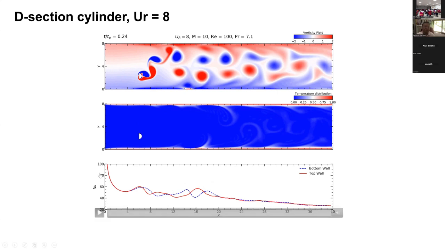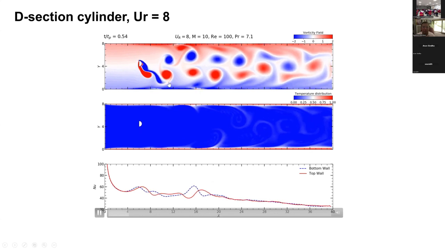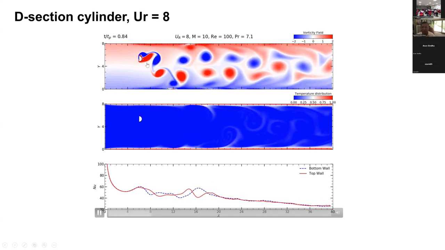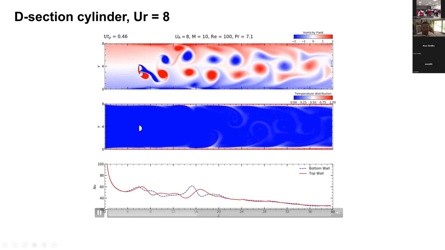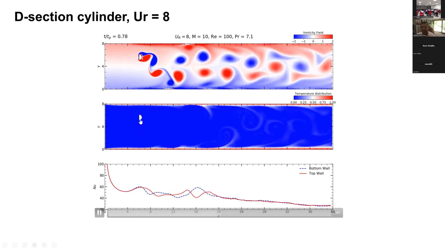But at the next moment, probably this will change, and this will be at a low value, and the peak will be somewhere else. So again, it's a non-uniform improvement on a given wall, and that too is attributed again to the vortices which are created by this cylinder and being heated to the wall.